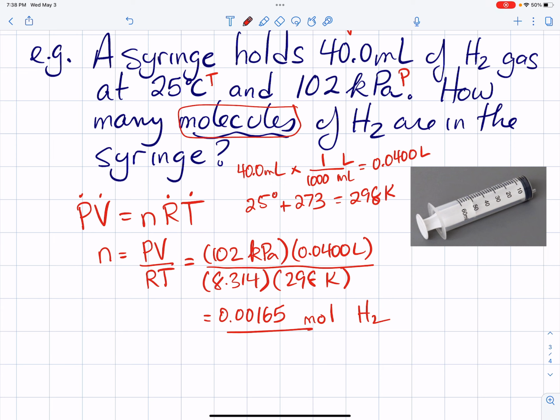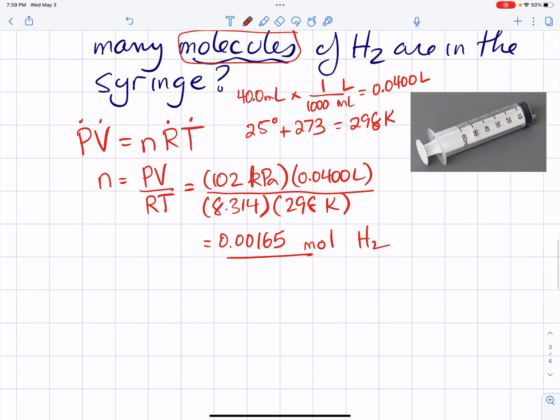We wanted molecules of hydrogen, but we know the moles. Well, that sounds familiar. In our stoichiometry unit, we know how to convert this. So let's set it up, a unit multiplier, 0.00165 moles of hydrogen. With a single multiplier, we can switch the moles to molecules of hydrogen, right?